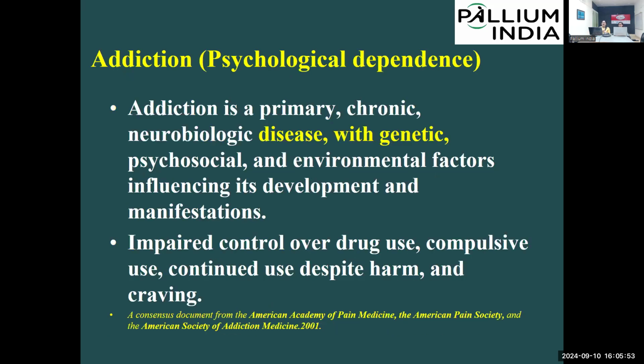What is addiction or psychological dependence? As per the American Academy of Pain Medicine, American Pain Society and American Society of Addiction Medicine, addiction is a primary chronic neurobiologic disease with genetic, psychosocial, and environmental factors influencing its development and manifestations.